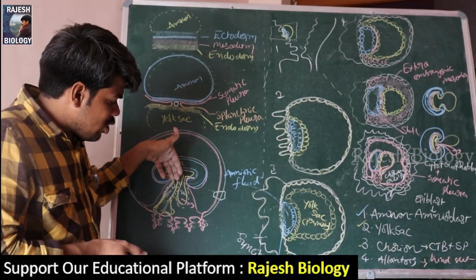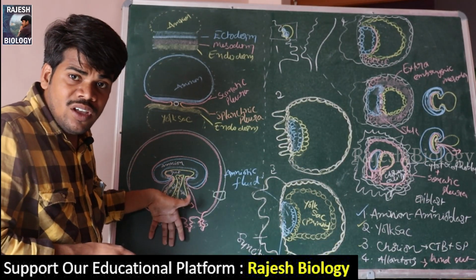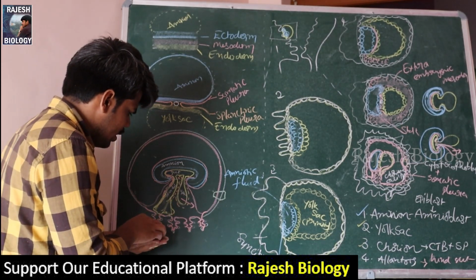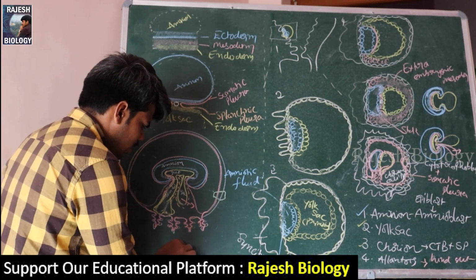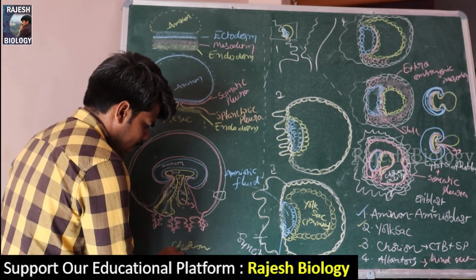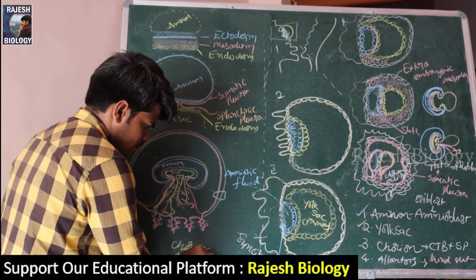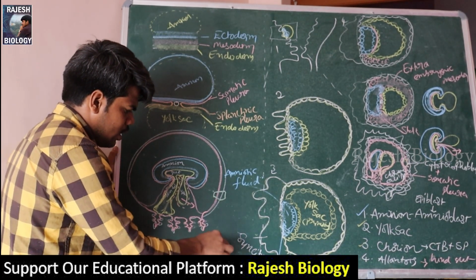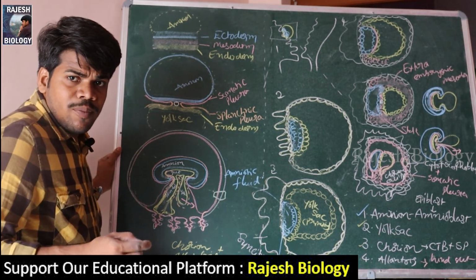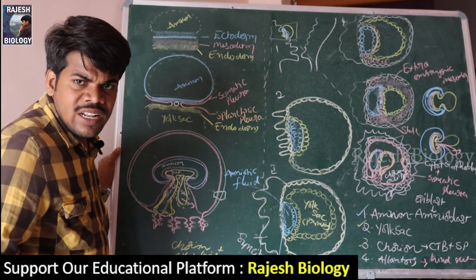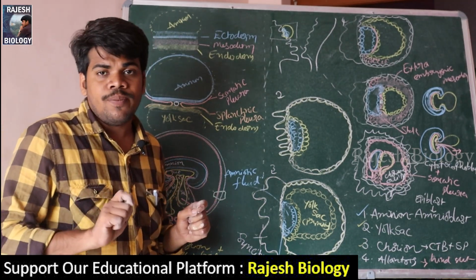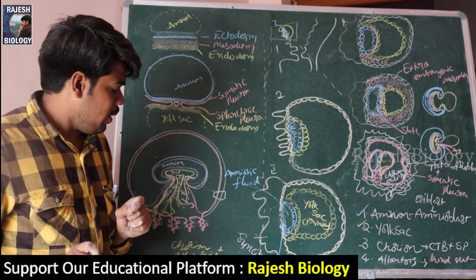So the allantois also participates in the formation of the fetal part of the placenta. The fetal part of the placenta is formed by the chorion and allantois. Where they are together, there is more vascularization, meaning more blood vessels. That's why it is called the chorioallantoic placenta.